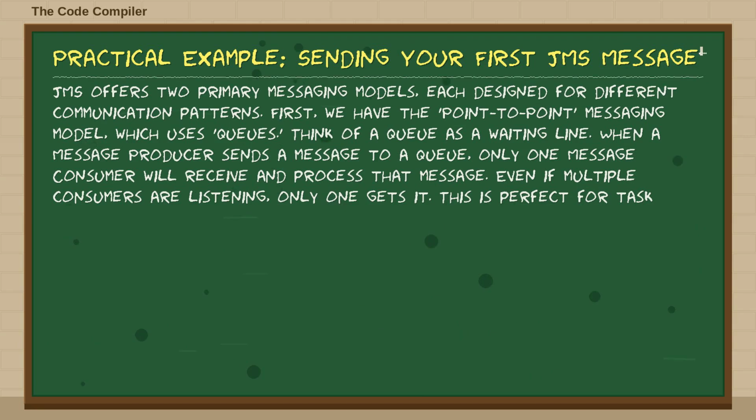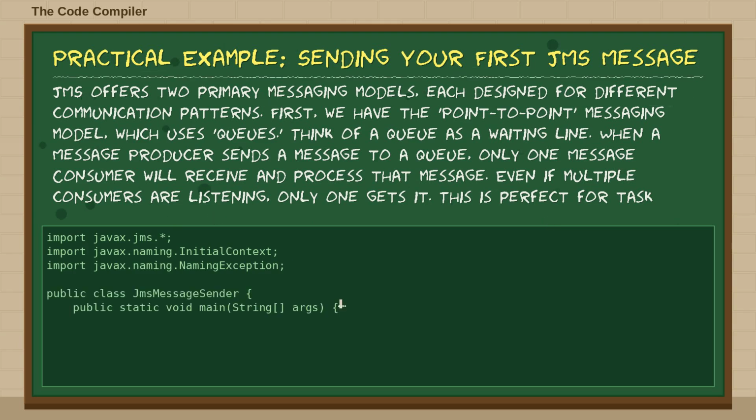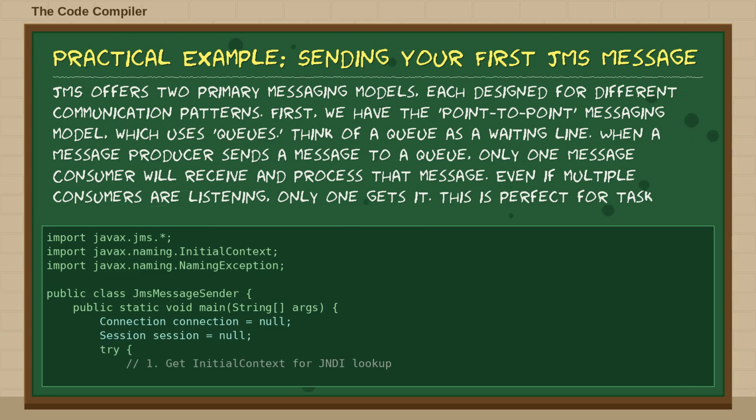This is ideal for scenarios like news feeds or stock price updates, where multiple parties need the same information simultaneously. Choosing between a queue and a topic depends entirely on your application's specific needs for message delivery semantics.